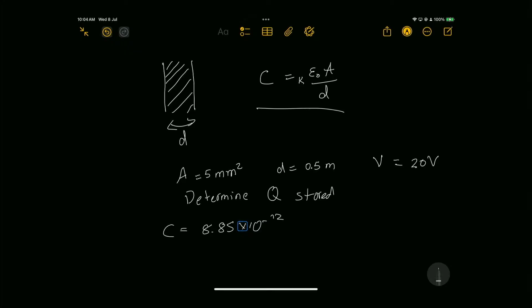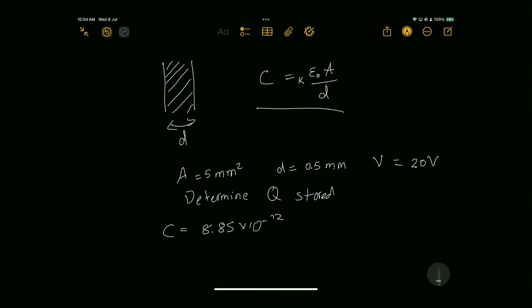But we need to convert that, sorry, the d is 0.5 millimeters, right? We need to convert millimeters squared into meters squared, right?